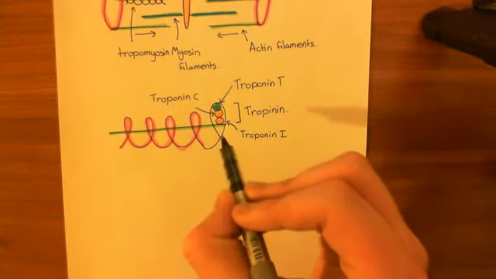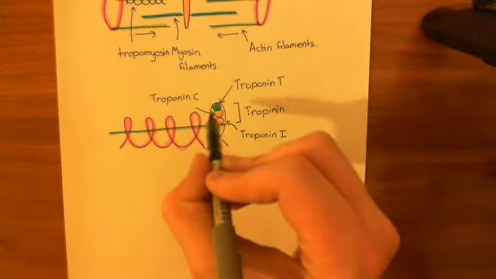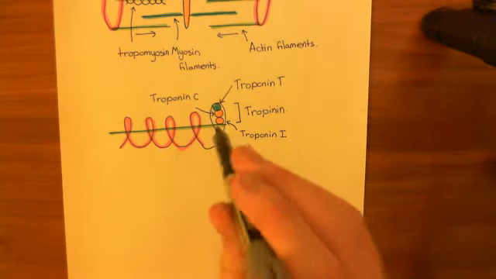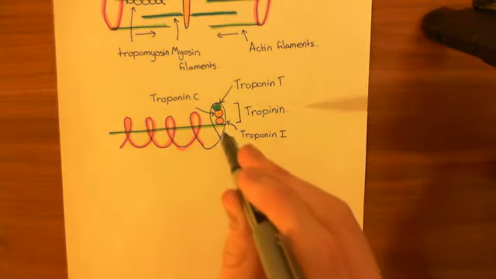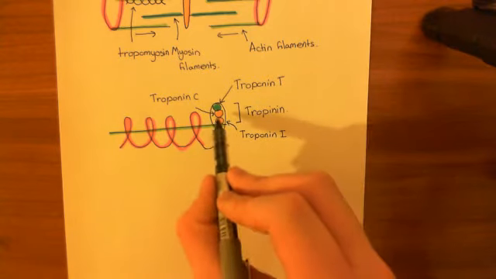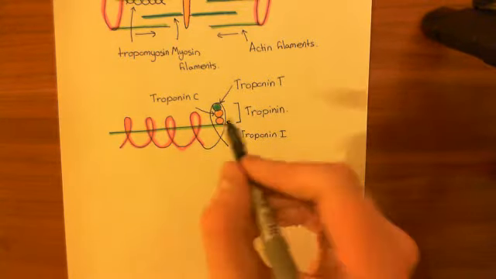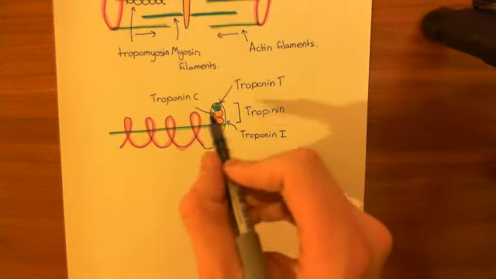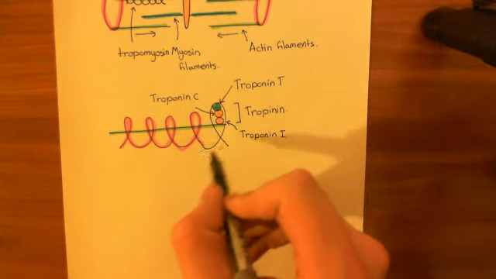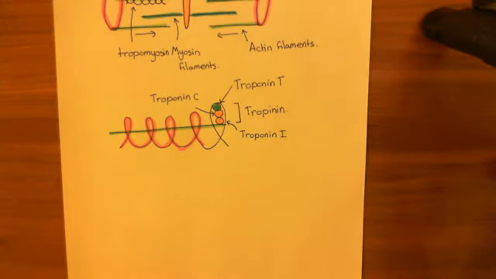This appears to be because the troponin proteins have a higher efficacy when calcium binds to them. Calcium binds to the troponin complex, and it increases the probability that the troponin complex will change conformation and move the tropomyosin protein, but it doesn't make it 100%.